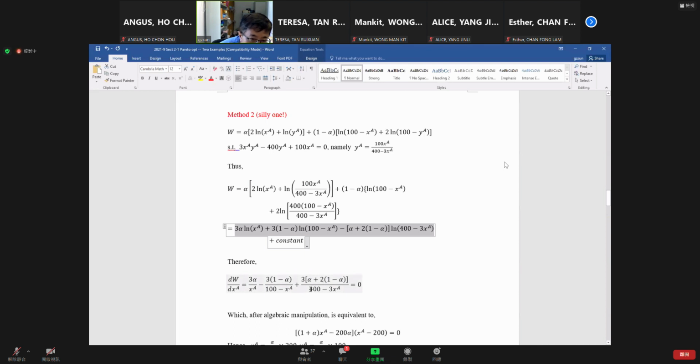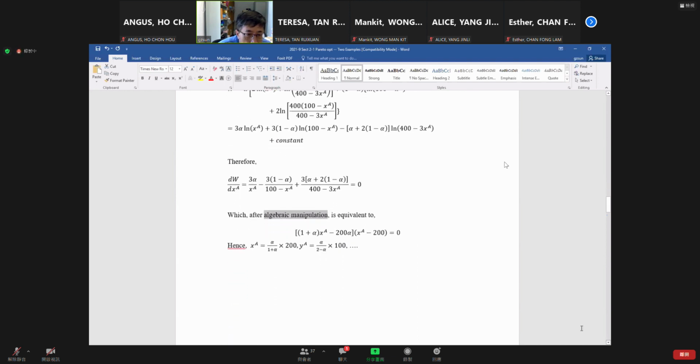And this one again, and then you have to be very careful in organizing this one. And here, after certain manipulation of this math, then you eventually get this one.